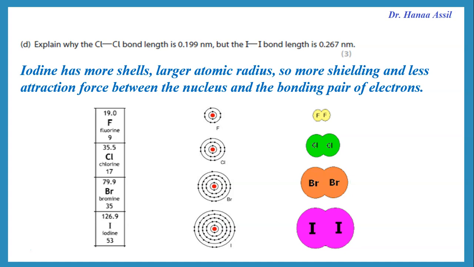So the bond length of a Cl-Cl bond is the distance between the nuclei of the two Cls, while the bond length in iodine is the distance between the nucleus of each of the iodine atoms. And of course, iodine has more shells, larger atomic radius, more shielding, less attraction between the nucleus and the bonding pairs of electrons, so they are further away from each other.